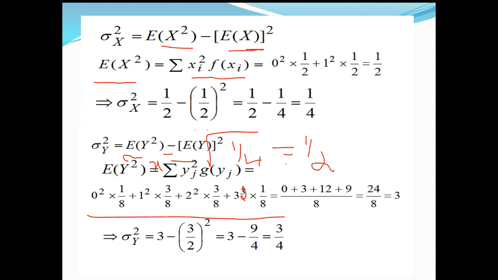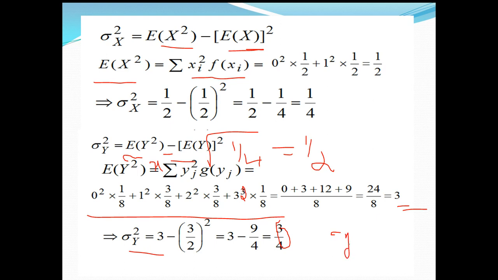On calculation, we get this is 3. Now substituting, sigma y square is equal to E of y square, which is 3, minus E of y, that is mu y, already we got 3 by 2 whole square, and we get sigma y square is equal to 3 by 4.